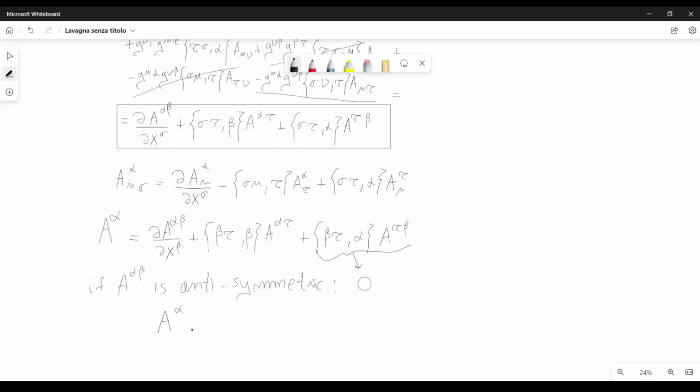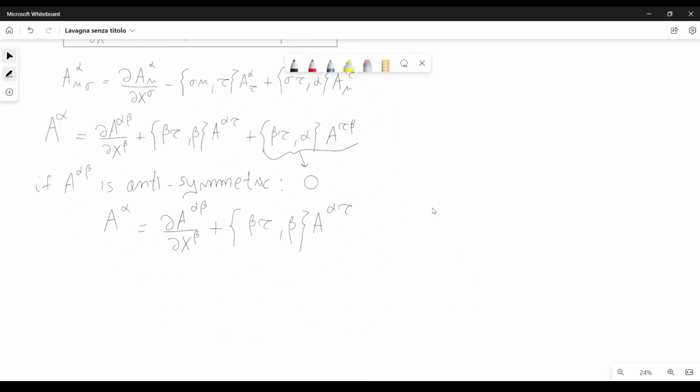So A^α can be written as ∂A^{αβ}/∂x^β plus Γ^β_{βτ}, which multiplies A^{ατ}. And also remember that in previous videos we derived an expression for this Christoffel symbol here with two indices contracted like that.